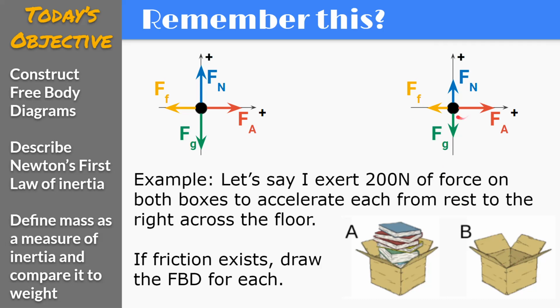And then because of that, because Fn is smaller, the force of friction is going to be smaller as well. Again, our equation for that is mu times Fn. So if you have a smaller Fn, you will have a smaller force of friction. So again, you should be able to draw free body diagrams to help you answer questions as well.